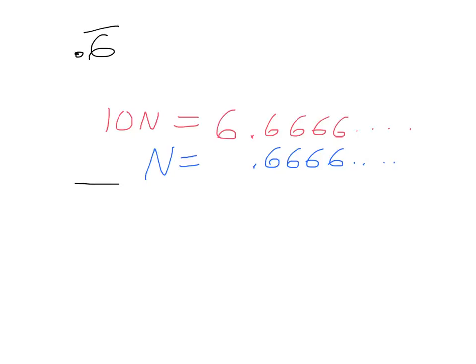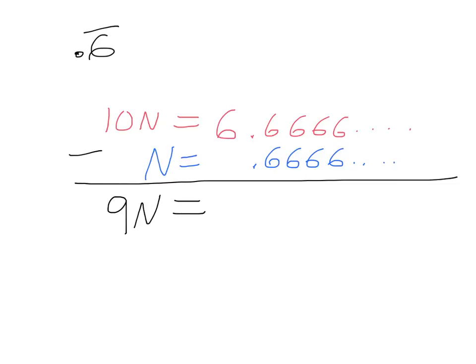Now here's where it gets cool. I'm going to take these two equations basically, and I'm going to subtract them from each other. If I have 10 n's and I take away an n, what I'm left with is 9n. If I take 6.66666 and subtract 0.66666, all those 6's cancel out, and I'm left with just a 6.